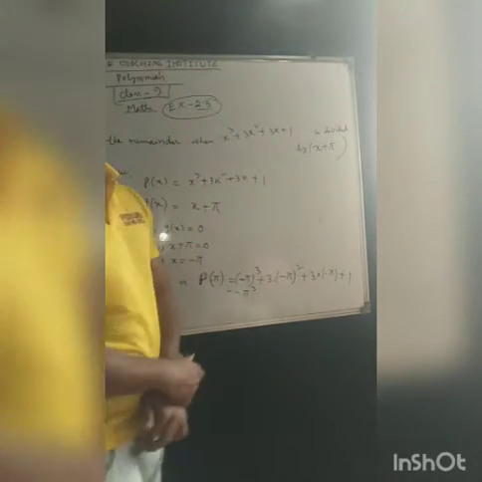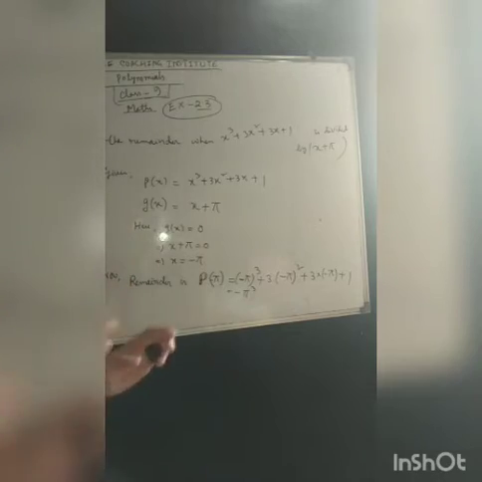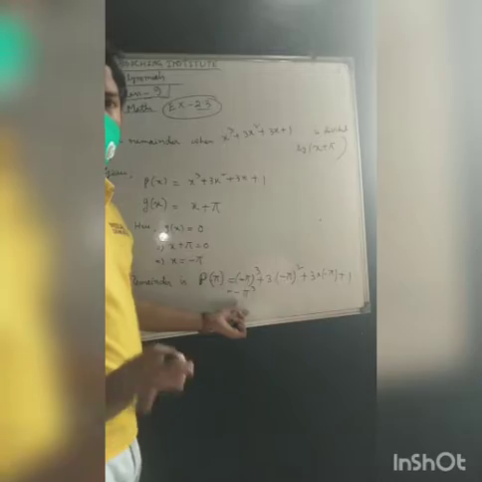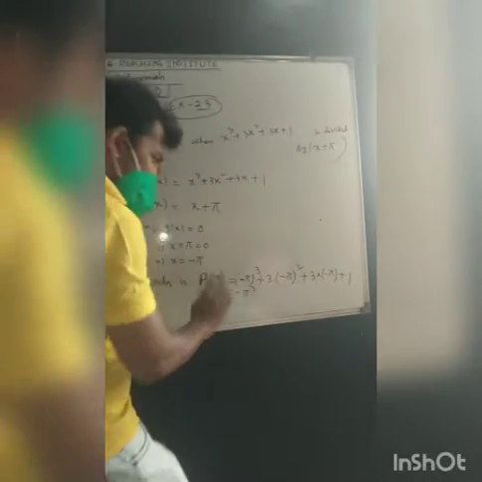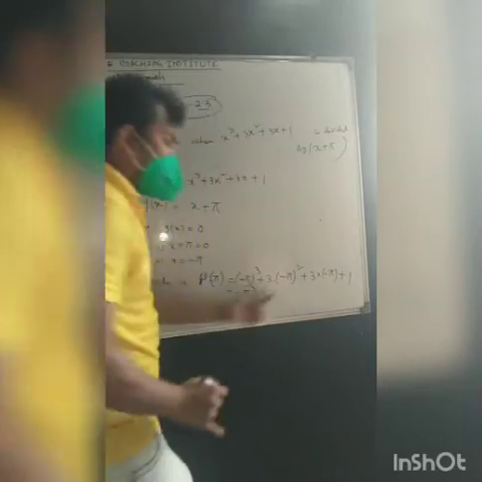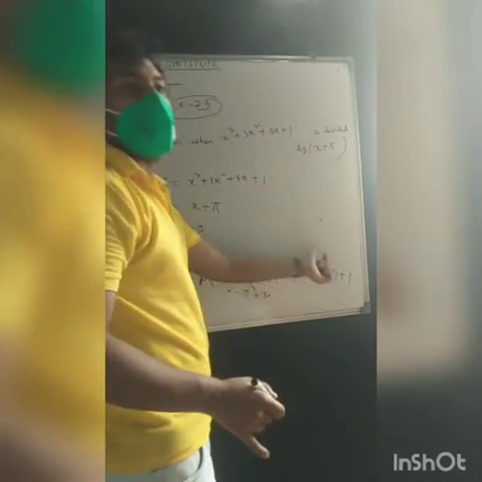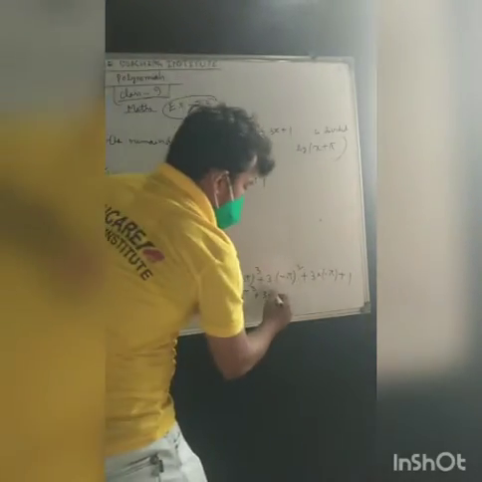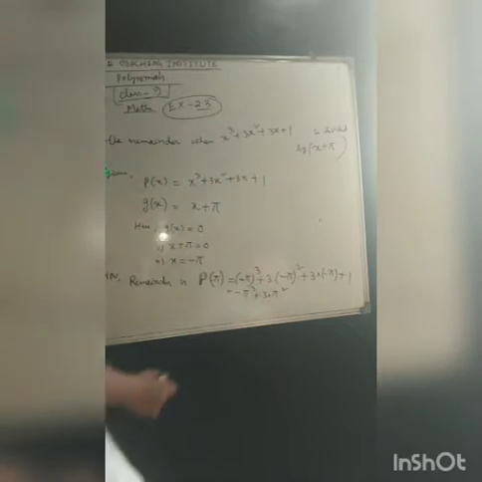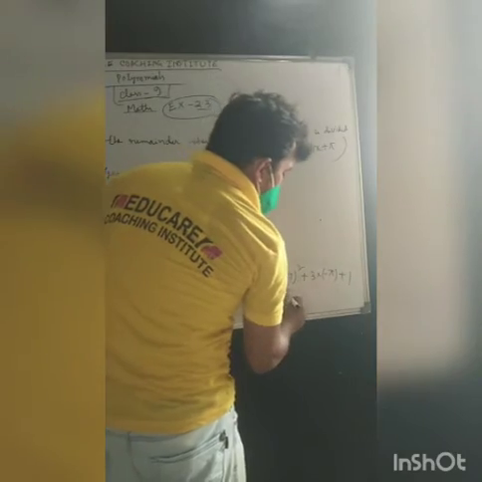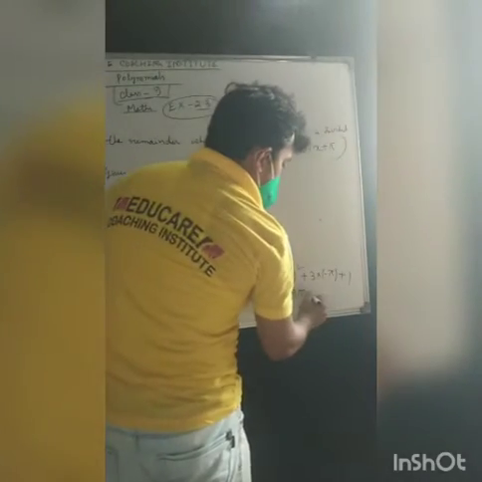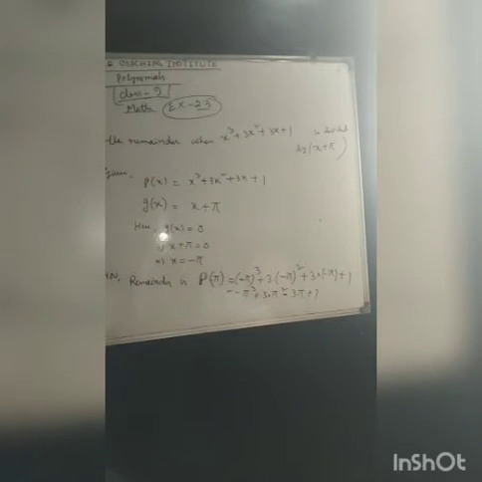You don't have to do any kind of putting the values of pi, okay? 3 into minus pi whole square, minus and square, that means pi square, it will be plus. 3 into minus pi will be minus 3 pi. Plus 1.